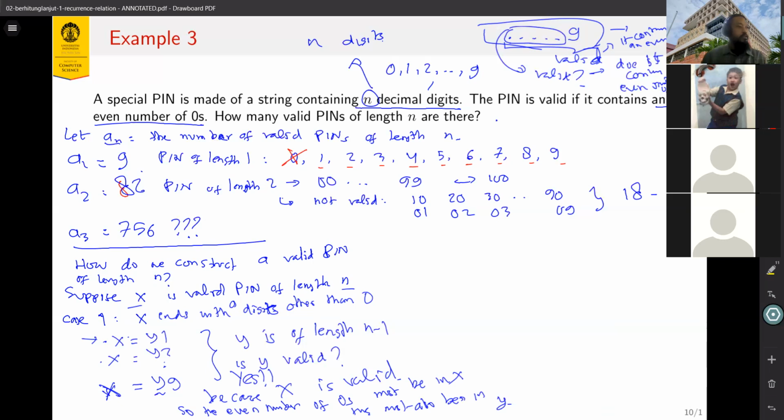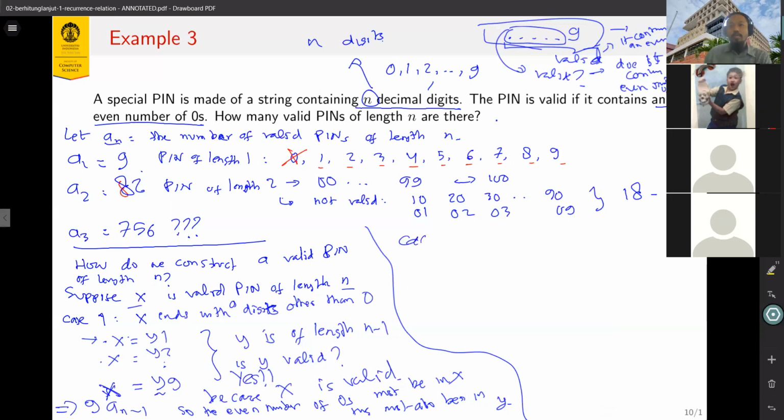So now we have how many of them? Well, 9 times a n minus 1, right? How many such y are there? There are 9 times a n minus 1 such y.